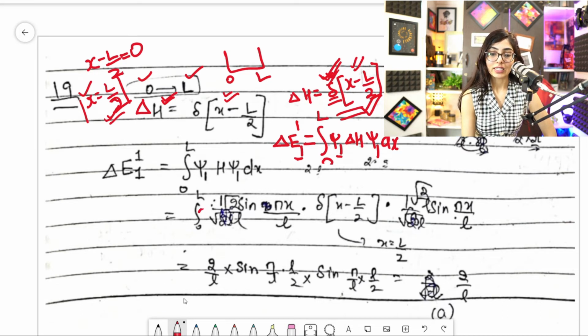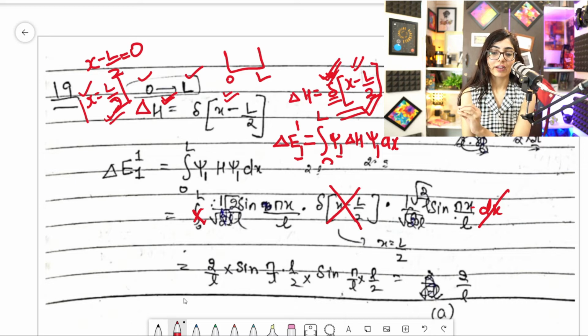Now I'll ignore the perturbed part too. Whatever is left apart from these things, I'll put the value of x in it. The value of x is L by 2.